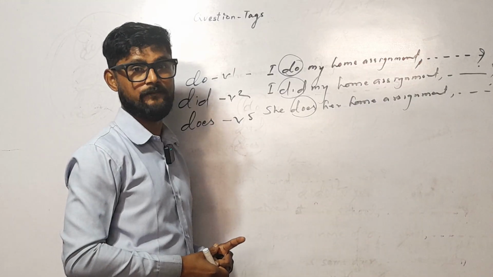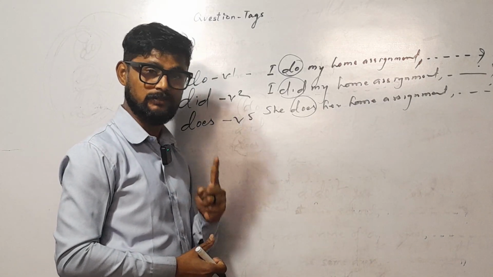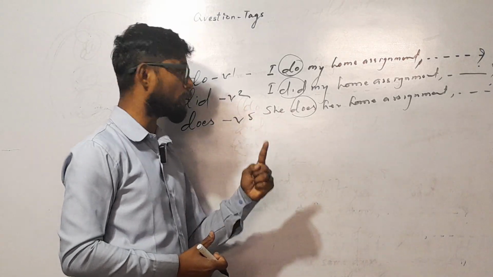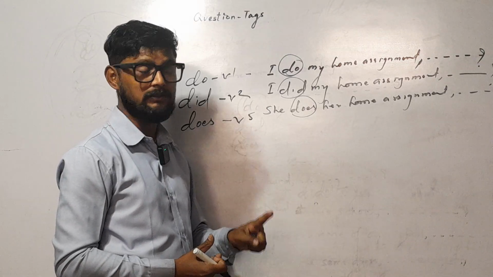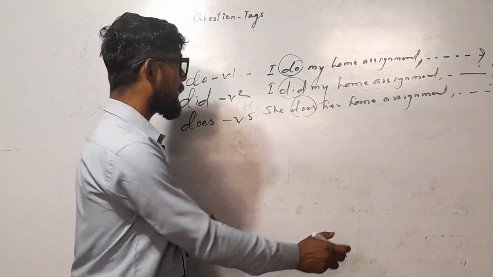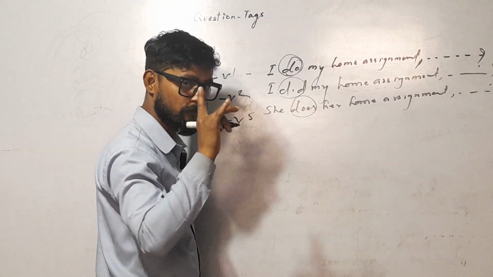Try to understand. And as you know, when you convert the sentences, if there are verb 1, verb 2 and verb 5, we use don't, didn't and doesn't.